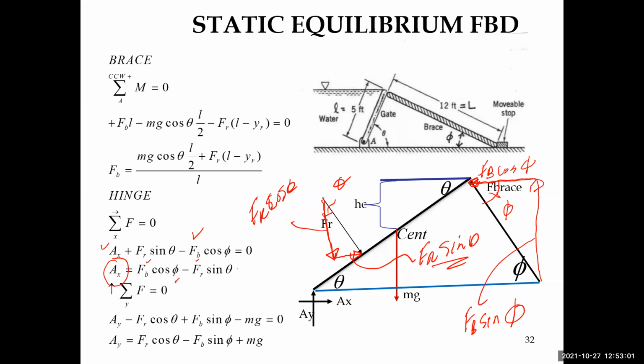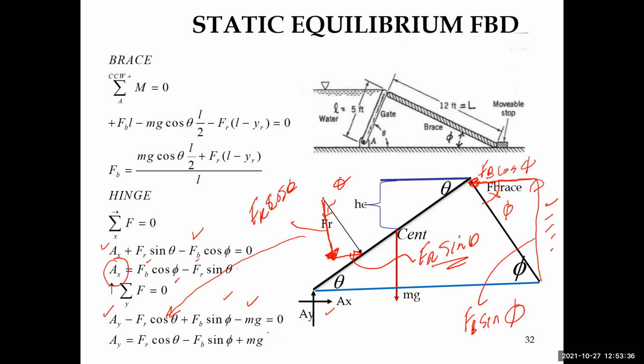Okay. Likewise, for the summation of forces in the Y direction, I would have plus A_Y because it's a plus as shown on my diagram. And then I would have minus F sub R times the cosine of theta because this force is negative when I break F sub R up into X components and Y components, plus F sub B times the sine of phi, which is here. Then, of course, minus mg is 0.